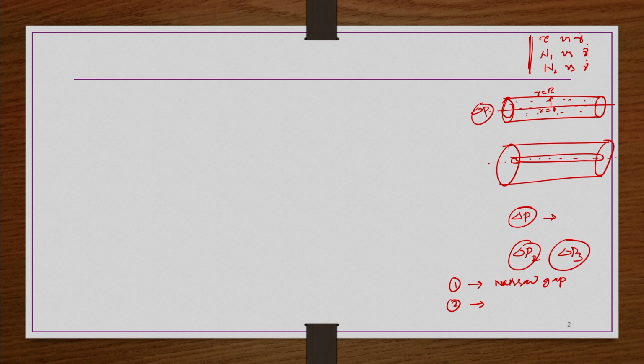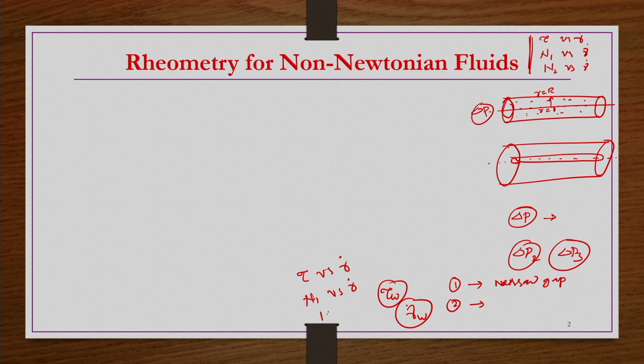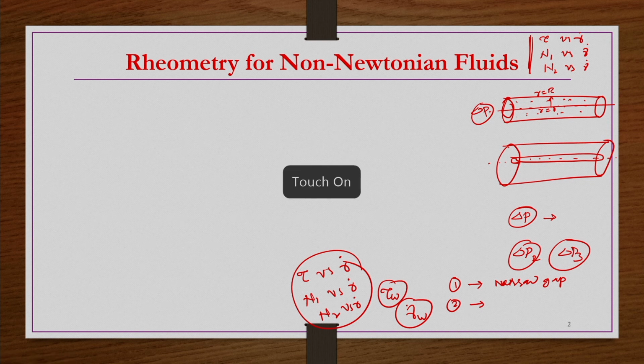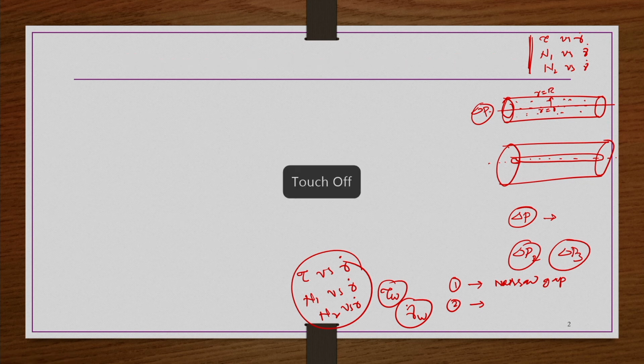experimentally, what you are measuring is the important thing. You are not measuring shear stress or shear rate directly, isn't it? So, whatever information, tau versus gamma dot or N1 versus gamma dot or N2 versus gamma dot, that is required for your analysis should have some relation with the measurable quantities, because tau, gamma dot, N1, N2 etc. you are not going to measure directly.